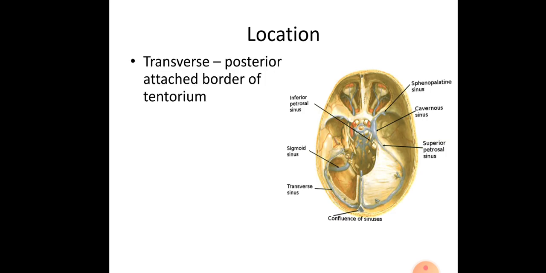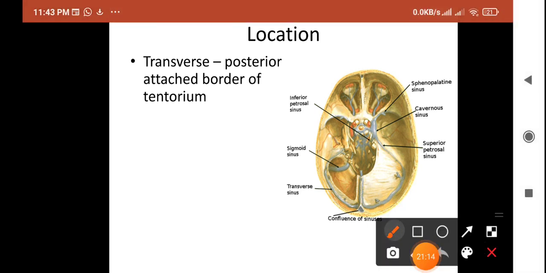Then about the transverse sinus, this is the transverse sinus along the posterior attached border of the tentorium. Then this is the superior petrosal sinus along the superior border of the petrous temporal bone. This is the sigmoid sinus, S-shaped.